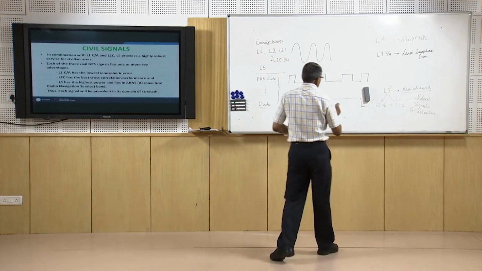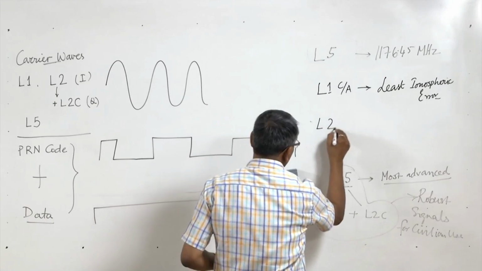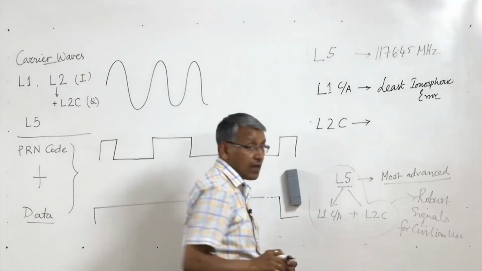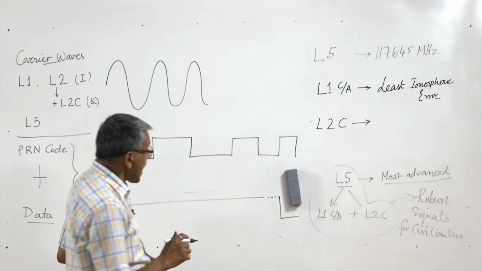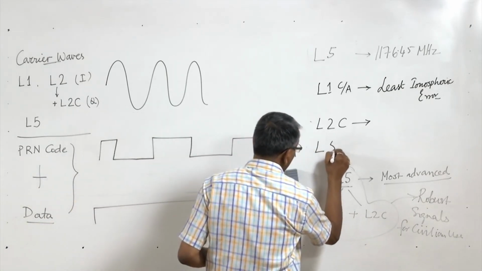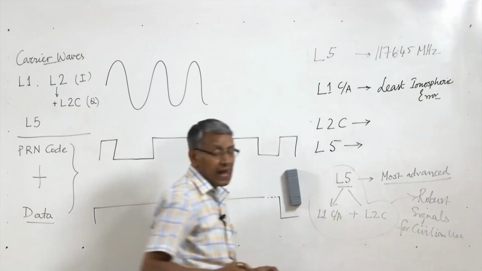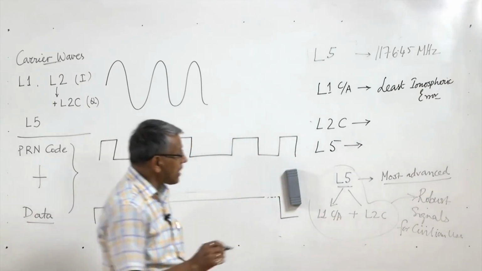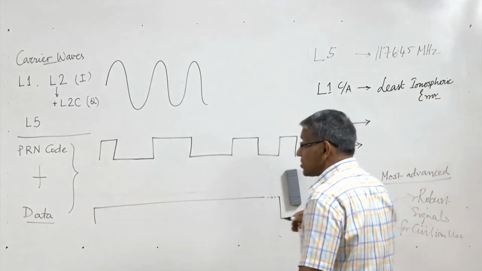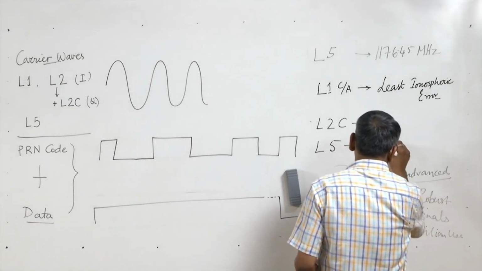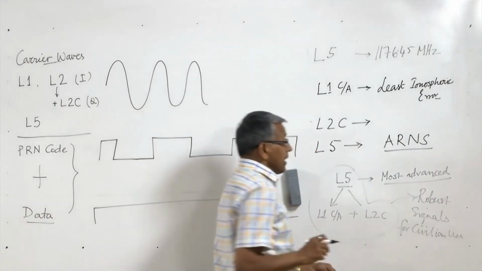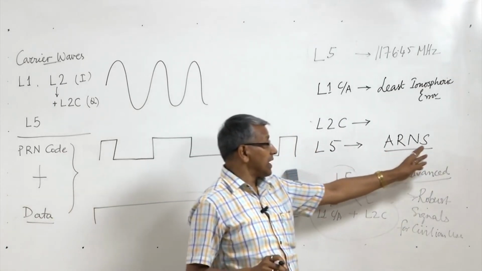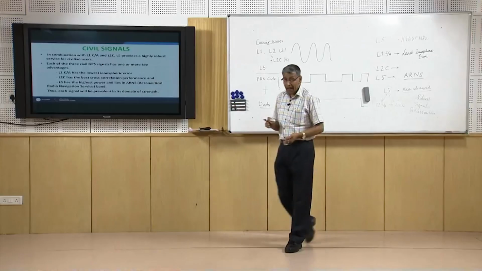Then the L2C signal has the best cross correlation performance, and the L5 signal is the most powerful and its frequency works in the range of ARNS, which stands for Aeronautical Radio Navigation Service band.